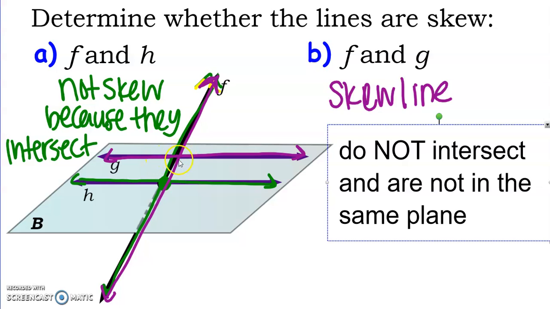Again, it appears that they intersect, but you have to visualize this. F is actually intersecting with H, and G is behind line H, so they don't actually intersect.